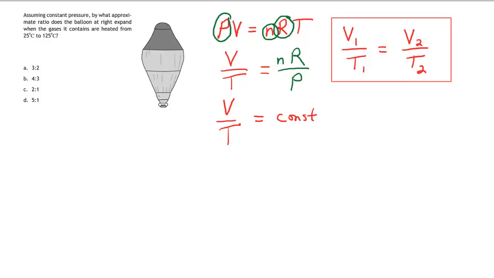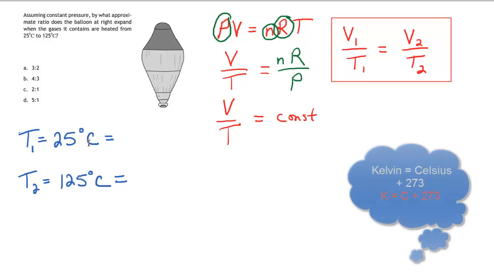So all I have to do now is put in the values. So we're going to try and see what happens to our volume. We have to remember with ideal gases, we cannot use temperatures in degrees Celsius. They must be Kelvin. So let's convert first. So T1 is 25 degrees Celsius. And if I want to convert that to Kelvin, I simply add 273.